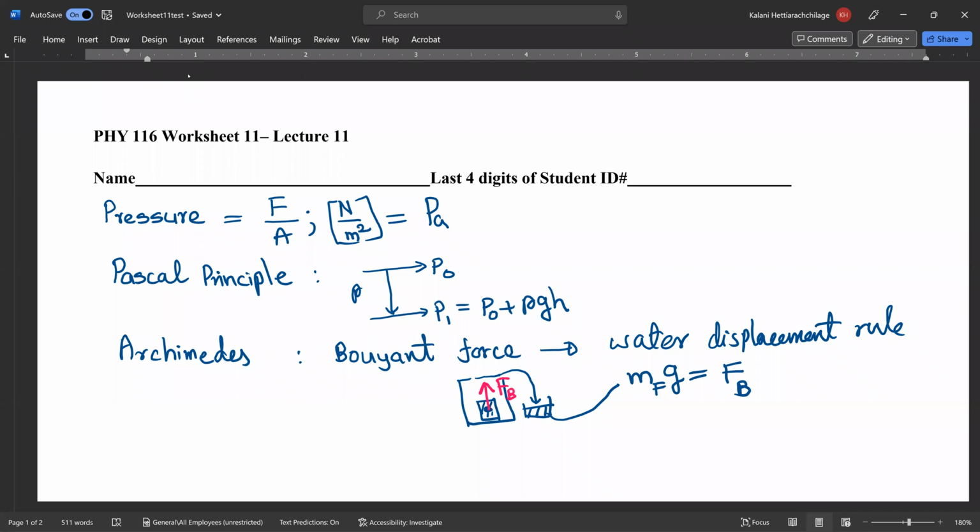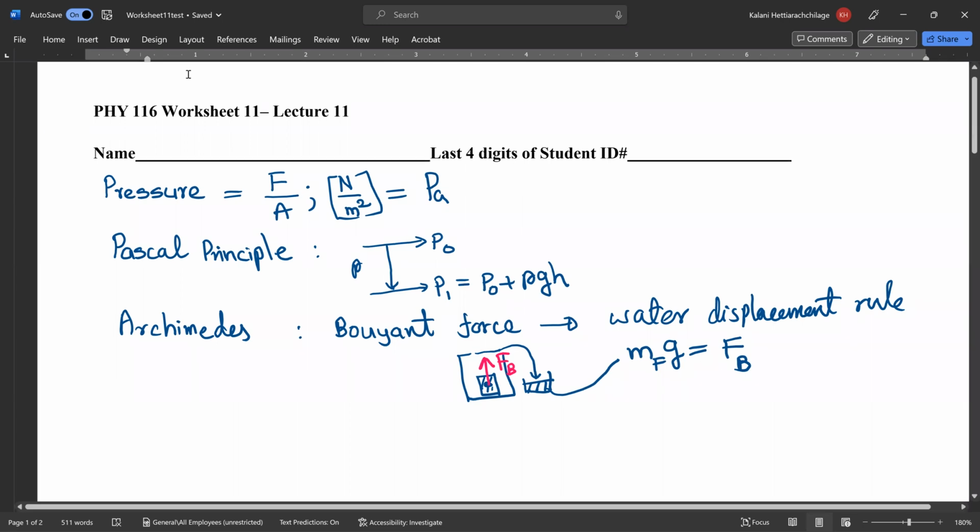So that's where you can describe the apparent weight by using the buoyant force, because it's not the real weight. When you have an object inside the fluid, you will feel the object has less weight. That's because there is a buoyant force acting in the upward direction that makes the weight a little less than your real weight. That is called the apparent weight.